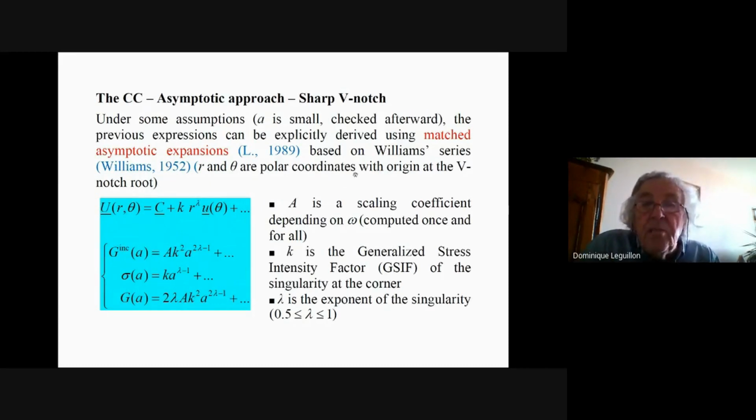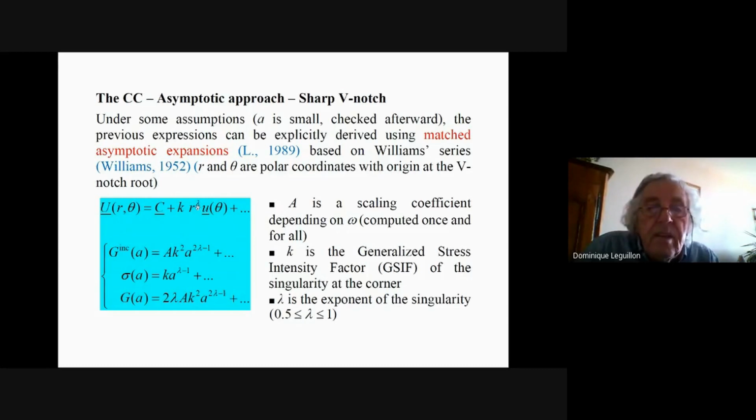It is based on the Williams series at the tip of a V notch. Here we are for a sharp V notch. At a sharp V notch, the elastic solution can be expanded in this way. This is a constant, an irrelevant constant. This is what is called a singular term because lambda, the exponent here, is between 0 and 1.